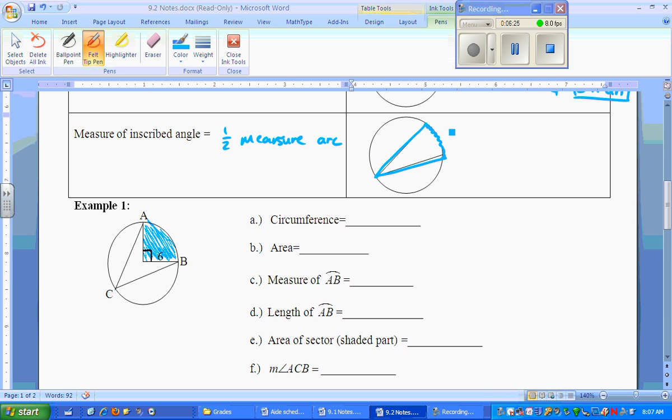So in this case, if the measure of the arc from A to B is 60, we know that the angle here is going to be 30 degrees.